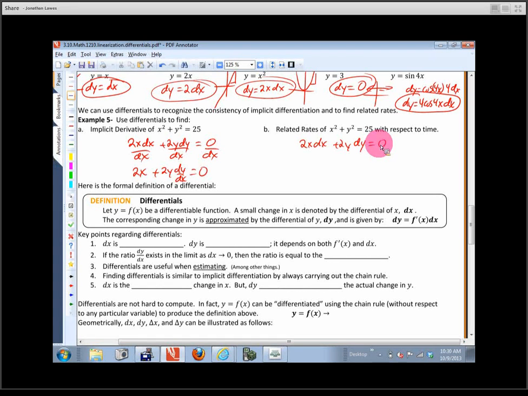What would I go through and divide by? dt. So this would be 2x dx dt plus 2y dy dt equals 0. Okay, that would be kind of like the ladder problem that we dealt with. Okay, so can you kind of see how these are related?